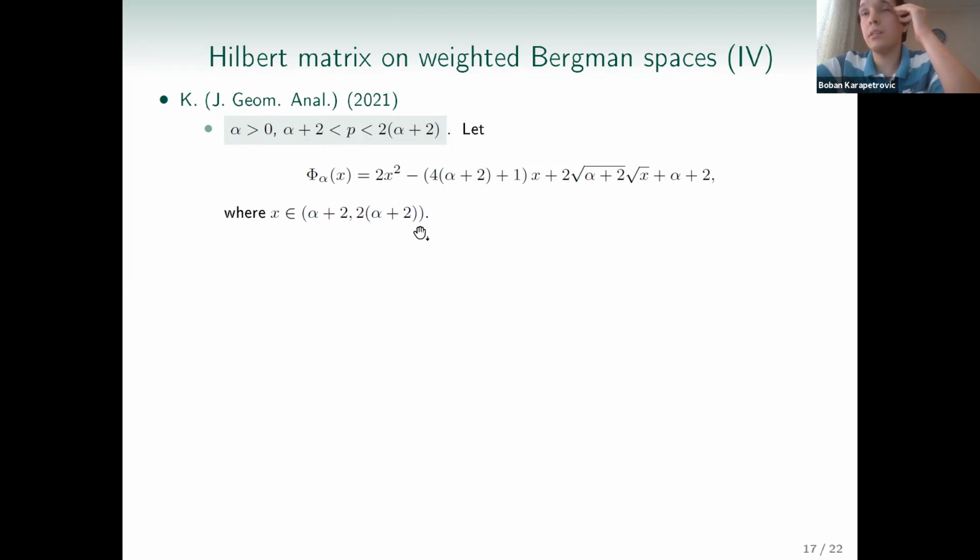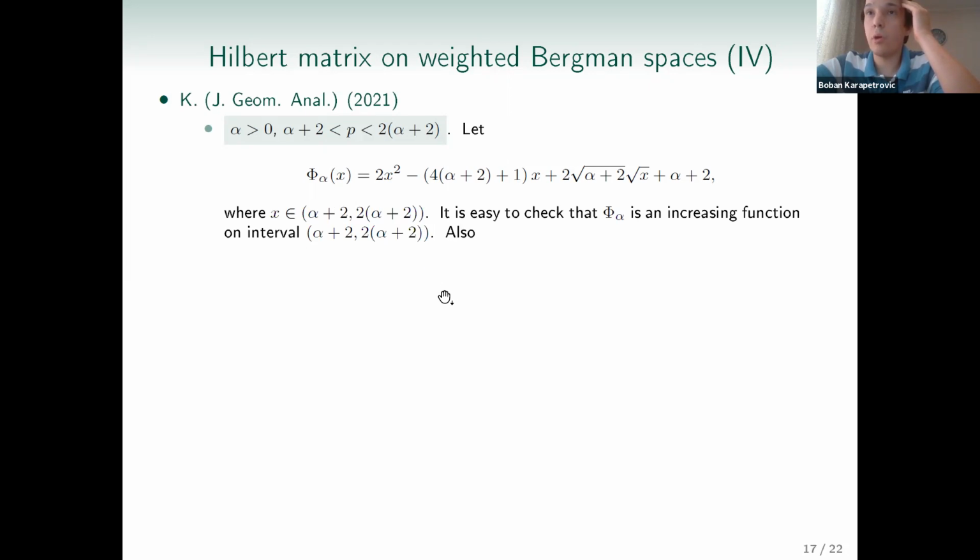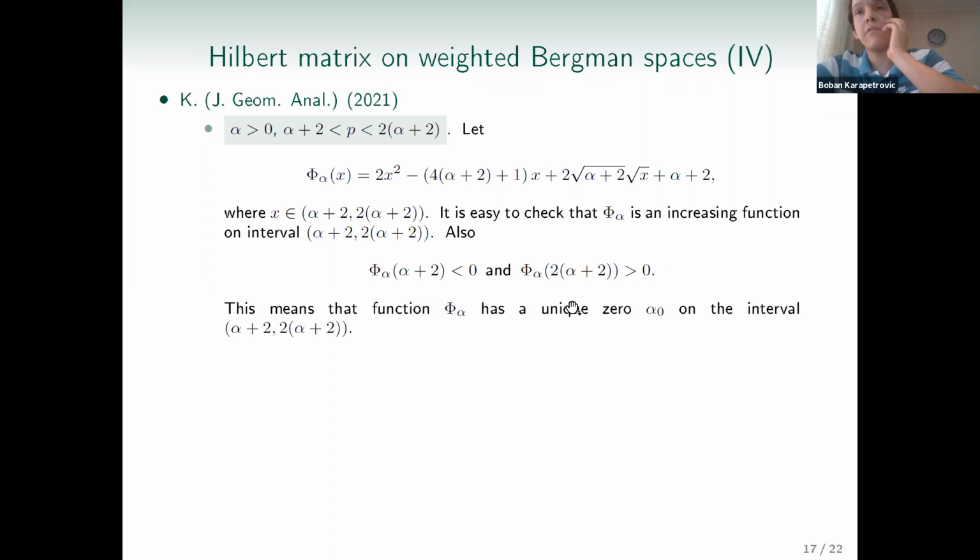It is easy to check that this function phi is increasing on this interval, and at the left endpoint function phi is negative, and at the right endpoint function phi is positive. So this means that function phi has a unique zero, alpha_0, on this interval.